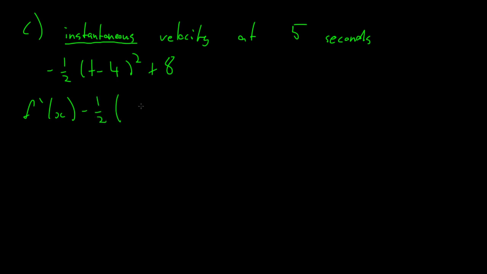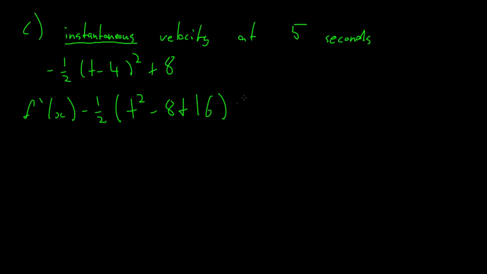We're going to do a little expansion. So we're going to expand these brackets in here to get t squared, and minus 4 times t is minus 4t, and then times 2, minus 8t, and then that squared plus 16.